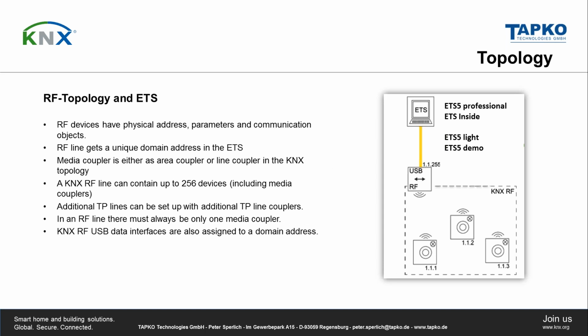One thing we have in the training also is that we have an ETS and then we have the USB stick, and we program from the USB stick directly to the KNX RF devices. You can use the ETS 5 Professional, you can use the ETS Inside, but you can also test it with the light or with the ETS demo.